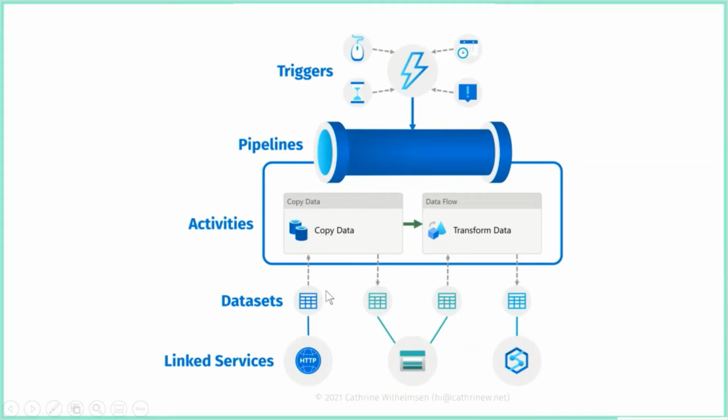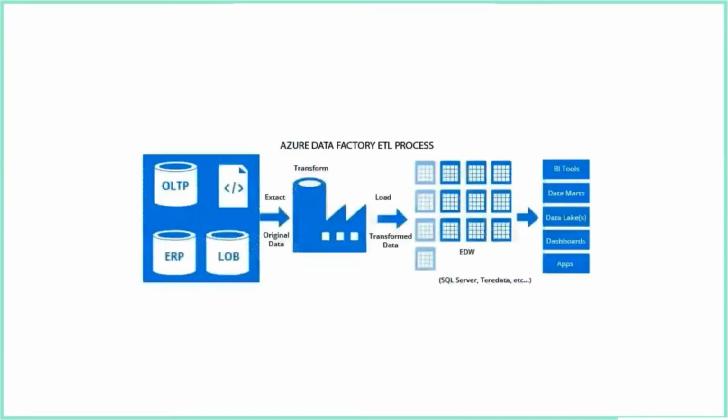If data sets need to be there, what is the primary thing that is needed? You need to have some sources or destinations to which you want to connect. That is actually given by using linked services. So this is the overall working mechanism of Azure Data Factory, the components involved in Data Factory. Exactly this: trigger, pipeline, activities, data sets and linked services is what I'm going to explain practically to you in this 2 hours session itself, right?